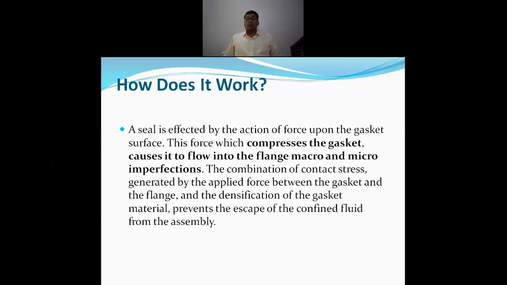This compressed gasket material flows and prevents the leakages. The combination of contact stress generated by the applied force between the gasket and flange and the deformation of the gasket material prevents the escape of the confined fluid from the assembly.